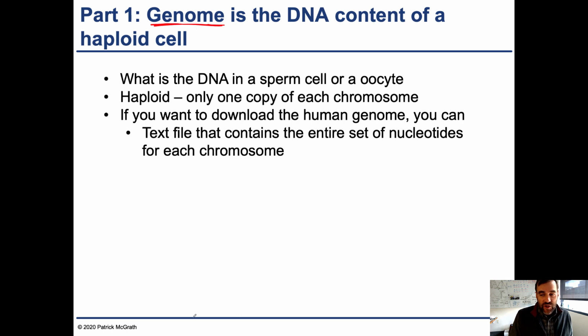The human genome was solved back in 2003, I think, and you can go to NCBI and download a text file that contains the entire set of nucleotides for each chromosome. It's called FASTA, and you would have chromosome 1, and then list approximately 250 million base pairs, over and over again.